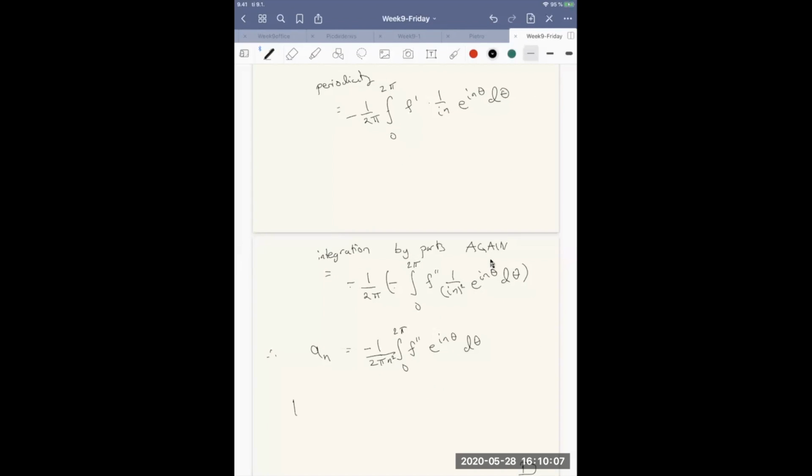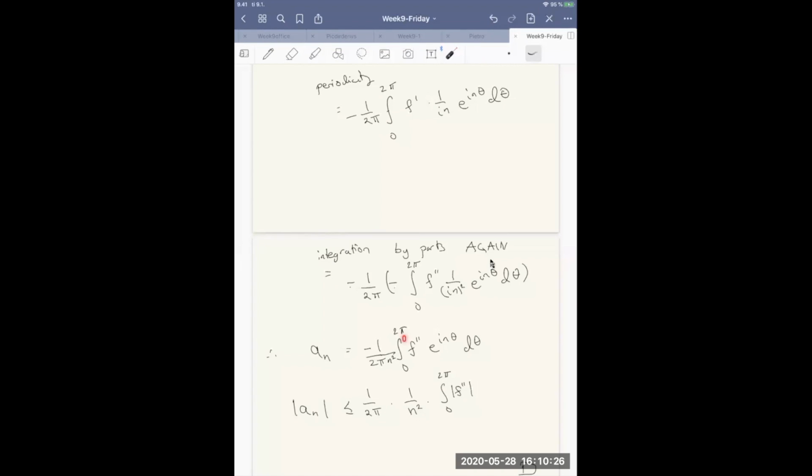So if we want to estimate the absolute value of a_n from above, we can estimate all the terms in some specific way, namely 1 over 2π times 1 over n squared times the integral of the absolute value of f double prime.